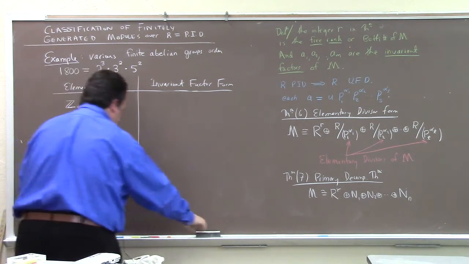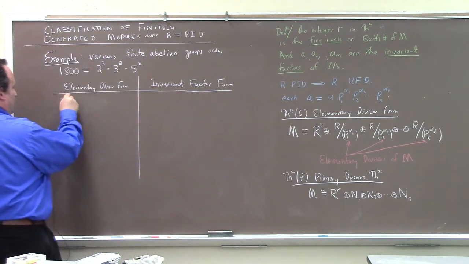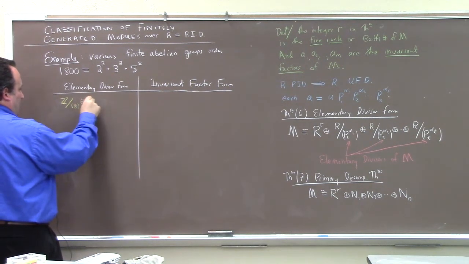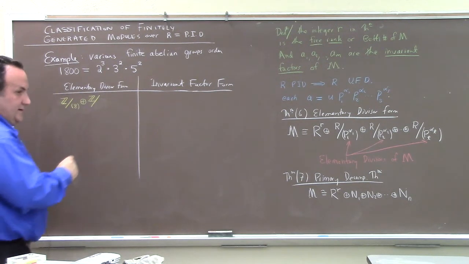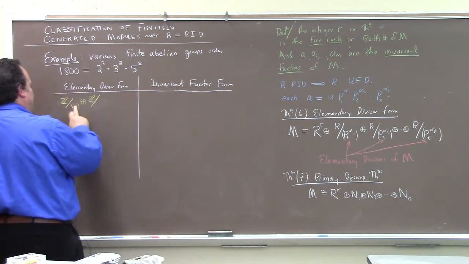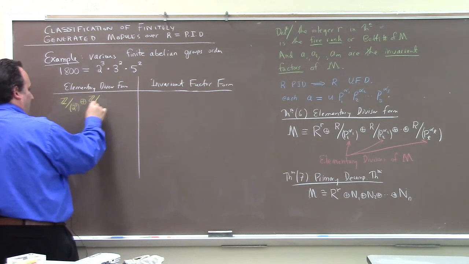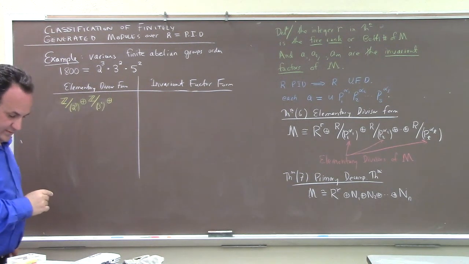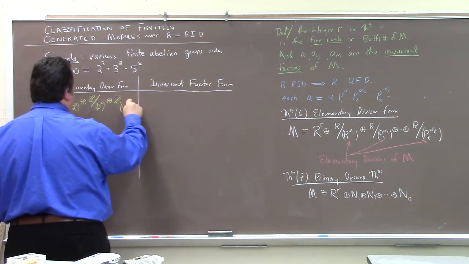Let me take an extra step here to write this as Z mod 8, Z mod 9, Z mod 5 squared. I'll write that 8 as 2 cubed, 9 as 3 squared.